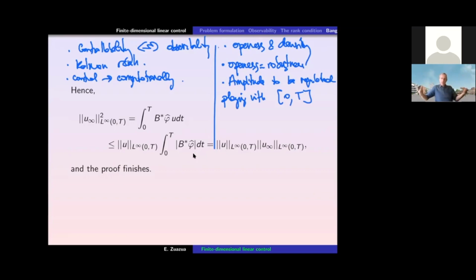When you get to your office in the morning and it's 27 degrees inside, you don't choose that temperature, it's given, it's the initial datum, and you need air conditioning to cool it down. But because the power of this air conditioning system is given, you will need longer time when it's very hot. Then you can regulate the amplitude by playing also with the length of the time window. And we can understand this also in the number of switchings of the adjoint system and the oscillations of the solutions of the adjoint system.